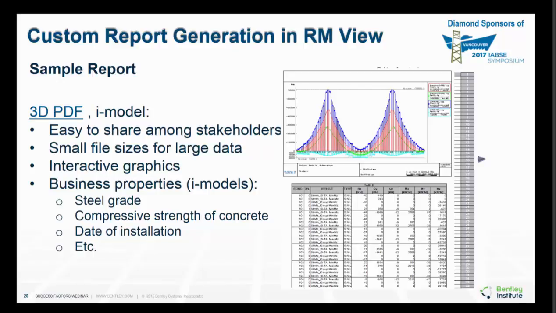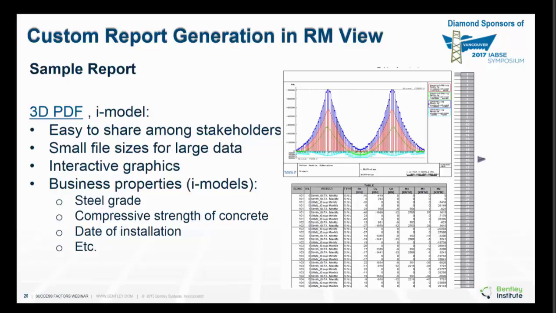For example, it's easy to share among the stakeholders. It has a very small file size for large data. It's interactive graphically, and the iModel also includes the business properties. For example, it contains the steel grade, compressive strength of concrete, date of installation, and so on.